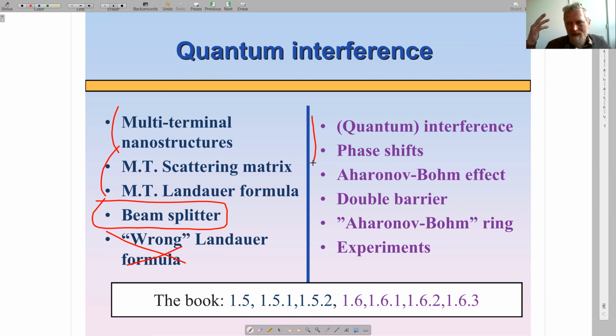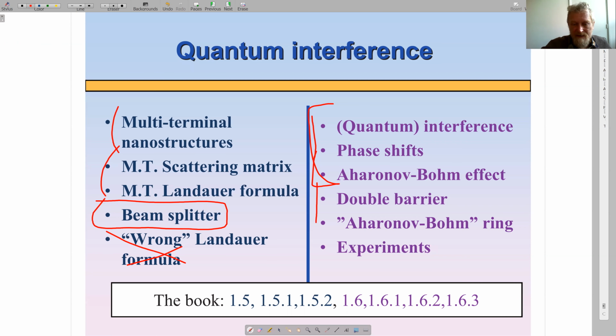Interference actually is a means to see phase shifts of the waves. It will be just a general discussion, and then we will concentrate on manifestation of interference in quantum transport.